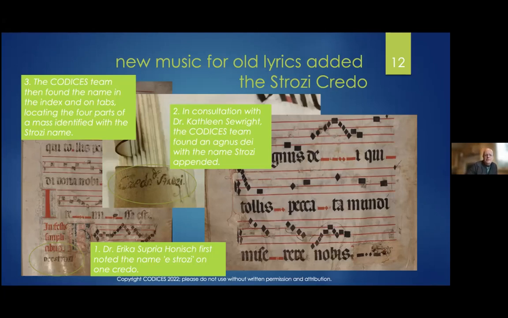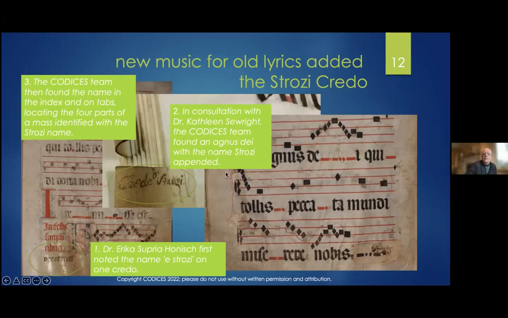So if you look at a page, you can see how complicated a page can become. Over here in the corner, a colleague who used to be with us at University of Missouri, Kansas City, and is now at Stony Brook, noticed this name, E. Strozzi. Strozzi is a name that's known in a lot of contexts from this period.